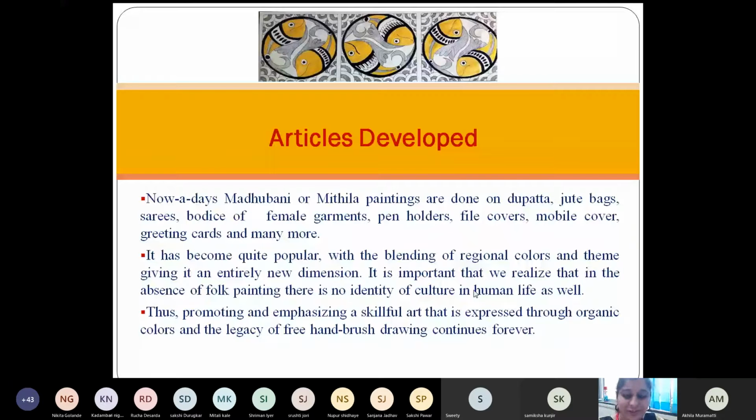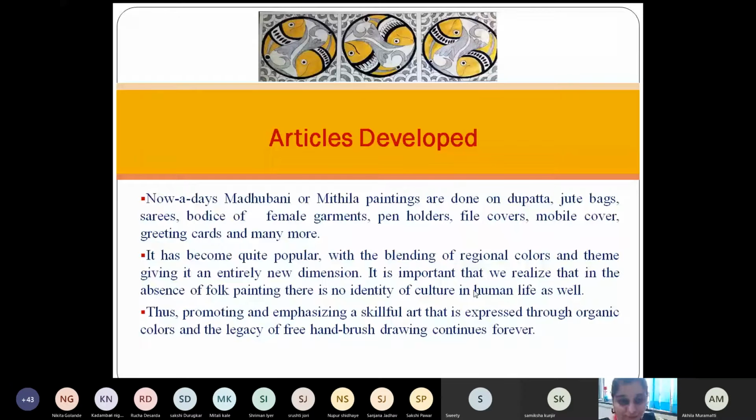You can find it across many accessories, starting from your dupattas, saris, bags, handbag accessories, mobile covers, pen holders, and the bodies of female garments. Probably on a kurti, only the neckline is beautifully highlighted with Madhubani painting.